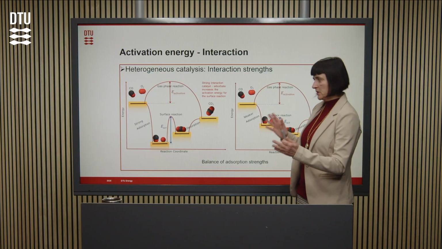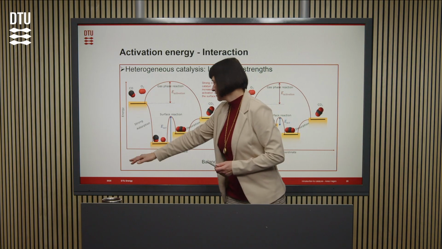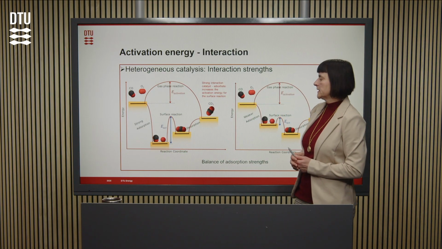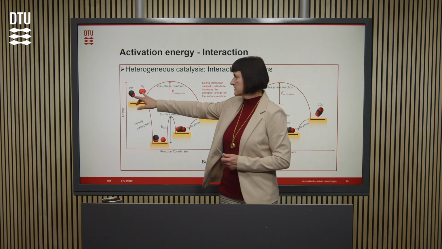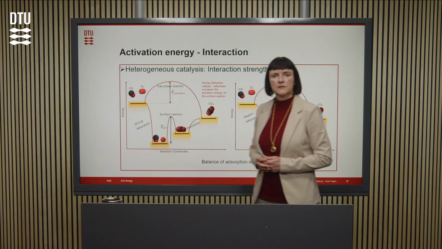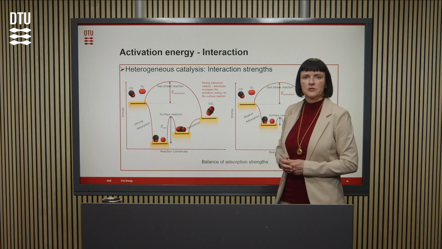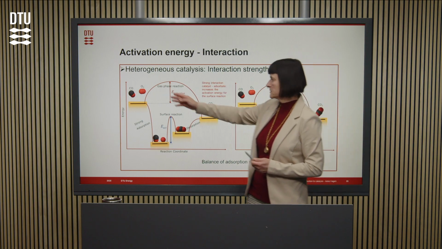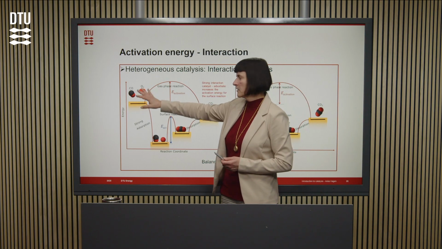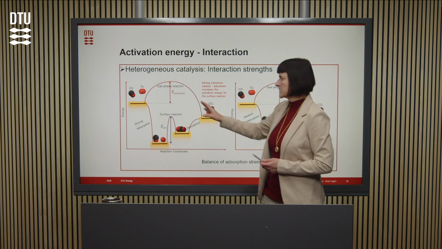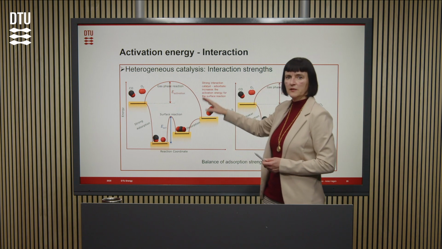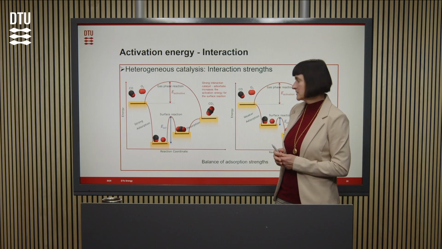Here it's a similar expression, energy and a reaction coordinate. And first, in the left case, we have two reactants. Often I give some examples, but it is also a generic illustration. So here, carbon monoxide and oxygen are in the gas phase. If you want them to react to carbon dioxide, you have to overcome an activation energy if you don't have a catalyst.